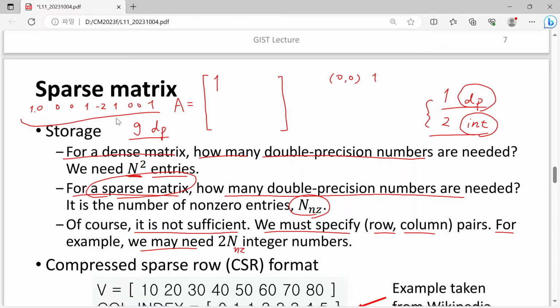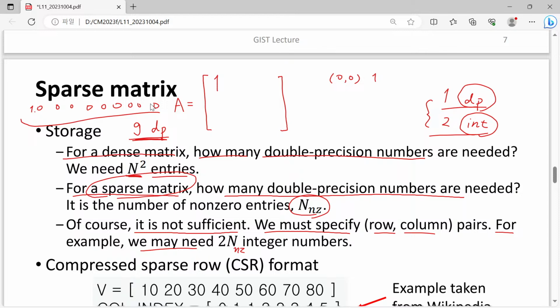However, in the case of a dense description, we still have 9 double precision numbers, starting from 1, 0, and all others are just 0. Okay, so whether sparse matrix representation is more efficient than the dense matrix description really depends on the sparsity. If sparsity is high, then of course sparse matrix representation becomes a good way.